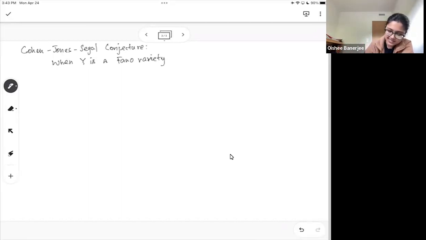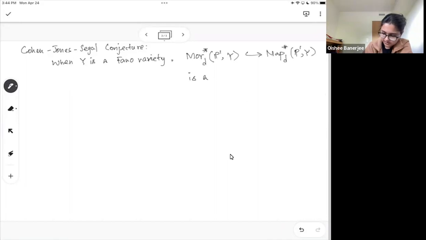So when Y is a Fano variety, the conjecture says that the space of morphisms, the space of algebraic maps from P1 to Y, sitting inside the space of continuous based maps, is a homotopy equivalence, up to some degree, maybe.